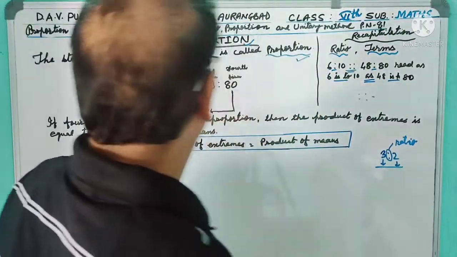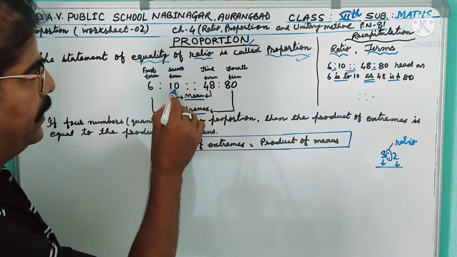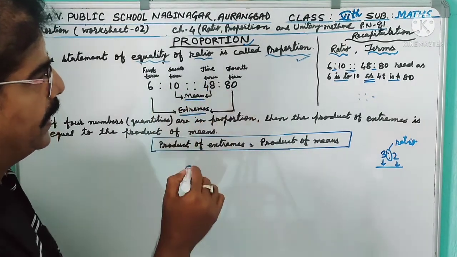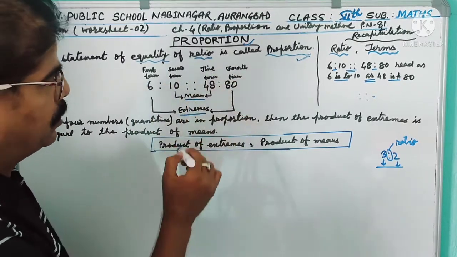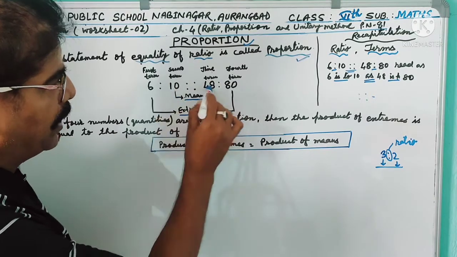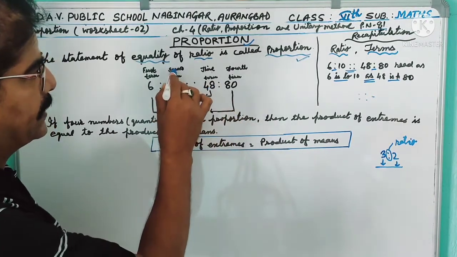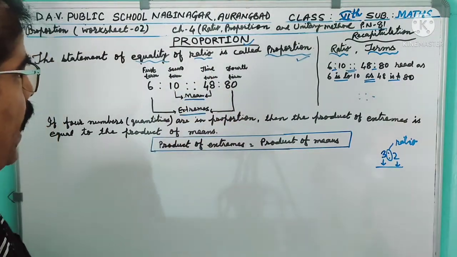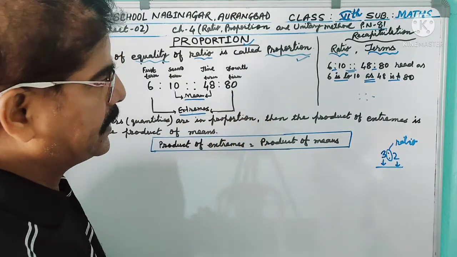So here 6:10 :: 48:80 has a first term, second term, third term and fourth term. The middle two terms, that is 10 and 48, the second term and third term, are known as means, and the first term and fourth term are known as extremes.